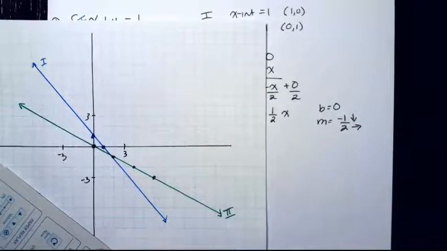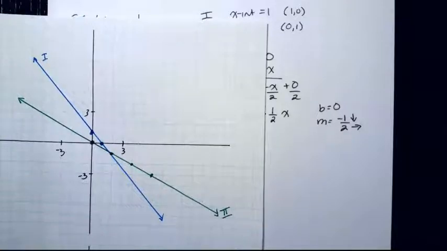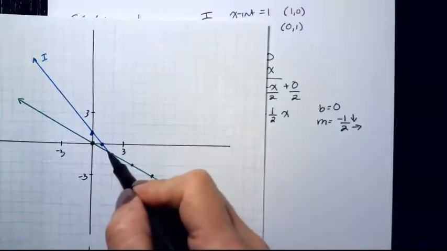All right, now, this is a nice graph. It's nice and neat. I have nice straight lines, but the graph alone isn't what I need. I really want the point of intersection. And even though I've drawn a nice graph, my point of intersection is a little off there. So it looks like it's about here.